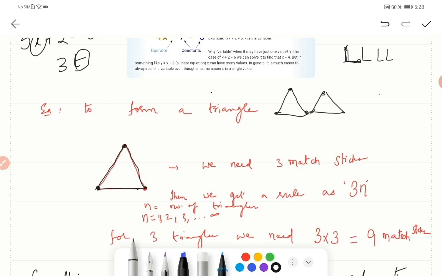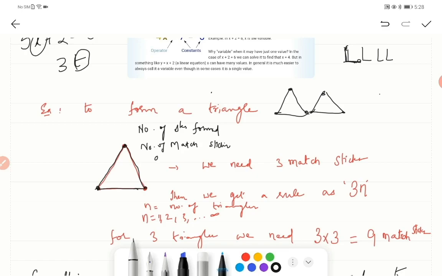So if I take some observations from this pattern, what pattern are you going to get? The number of triangles formed, and in the second, the number of matchsticks required.